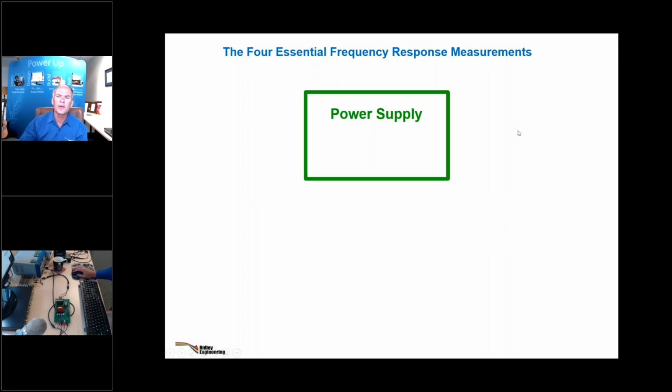All right, going way back to the beginning of switching power supplies, there were always 4 essential measurements that got made. And if you were in aerospace or you were building things for the space station or NASA, you had to make these measurements.